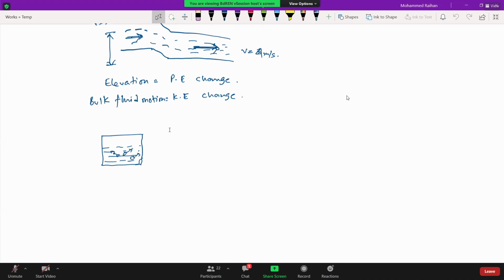The bulk fluid motion of the fluid here is zero, but there are some atoms and those atoms are randomly moving. As the atoms are randomly moving, we call that motion at the atomistic level, or we have a name for it. What is that? Sir, turbulent flow. No, Brownian motion. I think you have heard the name Brownian motion, right?